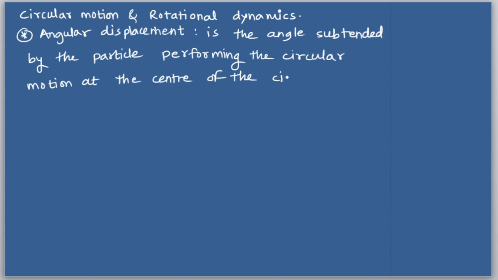We all of us already know this definition, right?